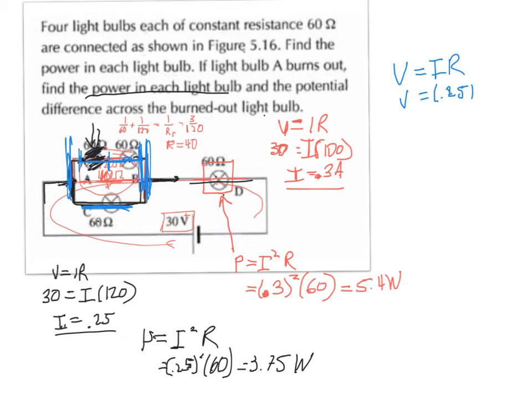Actually, I really don't need to calculate this because I already know it's going to be 15. How do I already know it's going to be 15? Well, because the total voltage was 30. And if half of it's being lost here and half of it's being lost there, because it's the same resistance and the same current going through both of them, then it's got to be 15 volts.